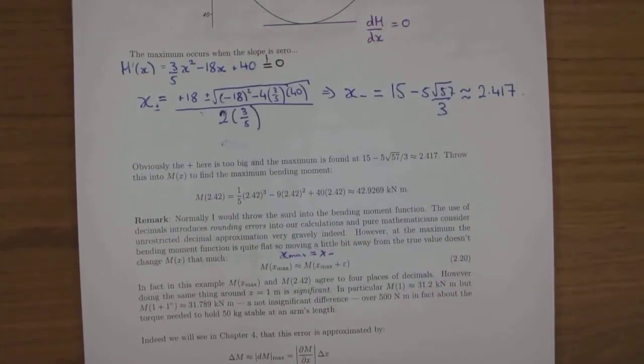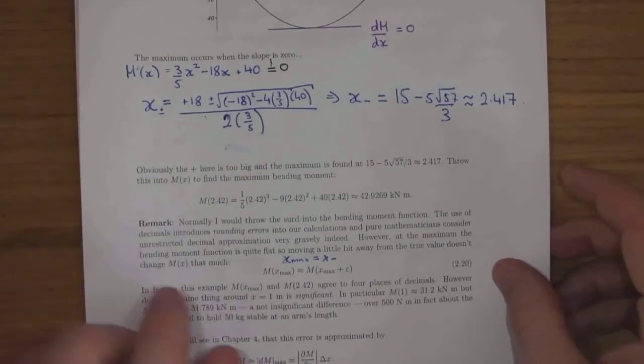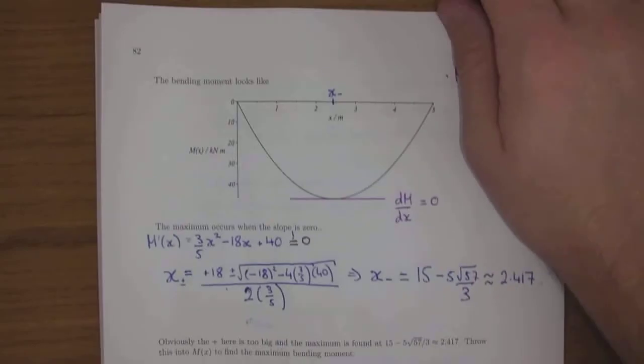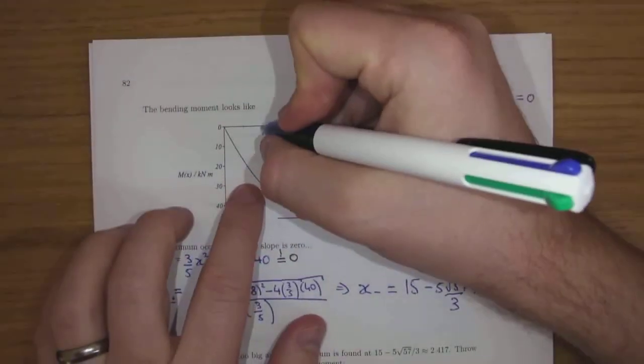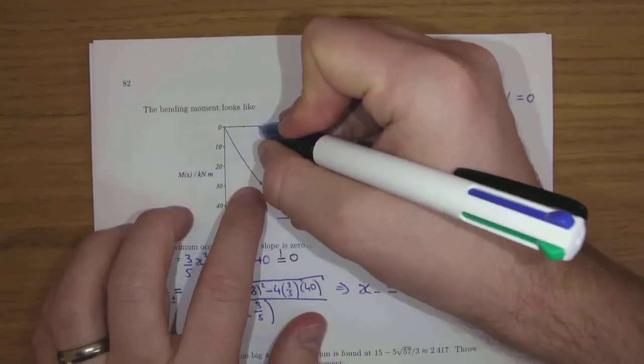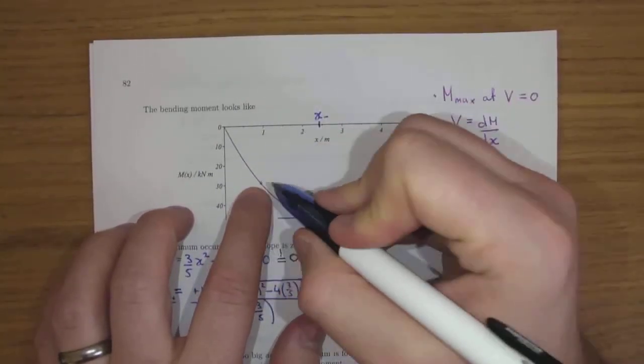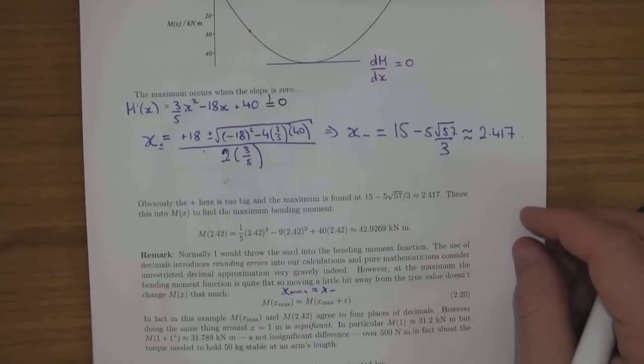It's incredibly accurate, 6 significant figures. But if you do it around x equal to 1, rounding is far more dangerous. Around x equal to 1, if you move slightly away from 1, you get fairly significant changes in the bending moment.